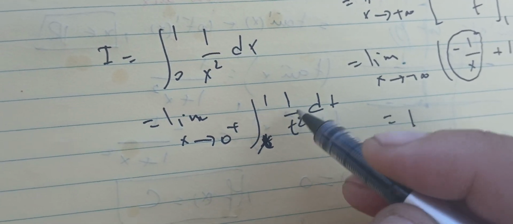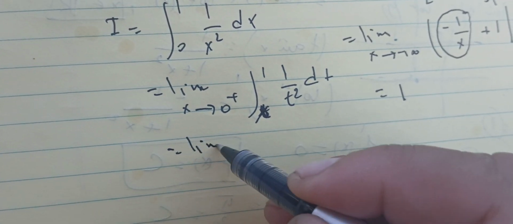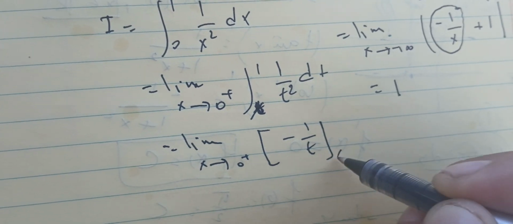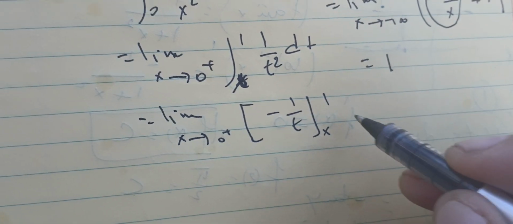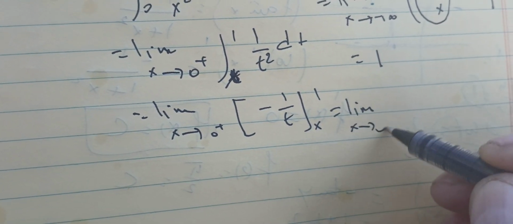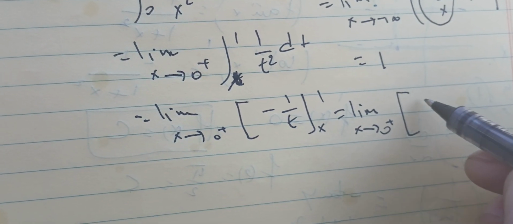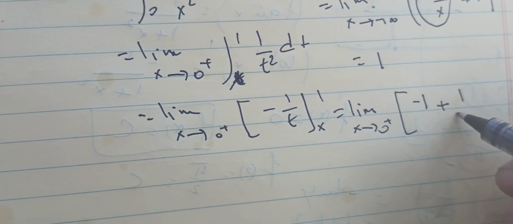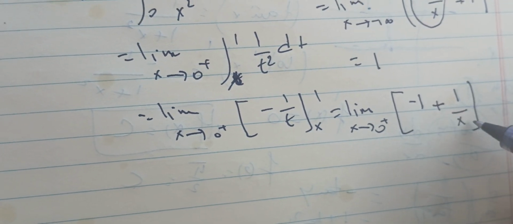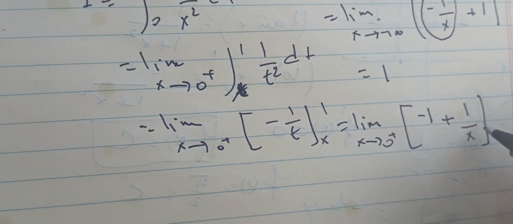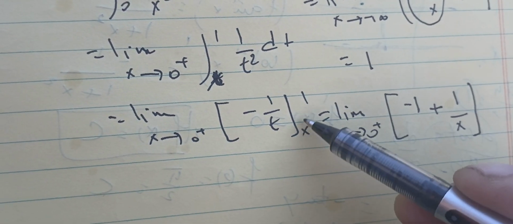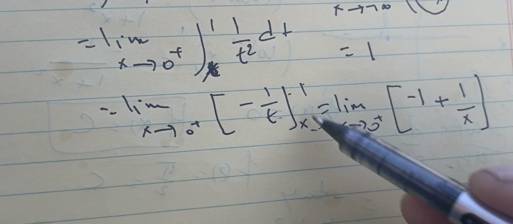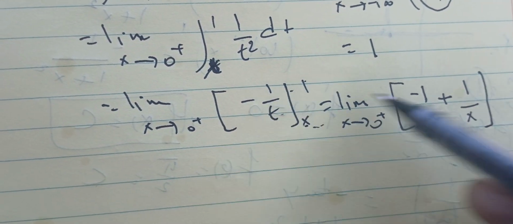Again we know a primitive: minus 1 over t between x and 1, and we evaluate. We have minus 1 plus 1 over x. When we plug in 1, we have minus 1 over 1, which is minus 1. And when we plug in x, with the minus sign, we have the plus.